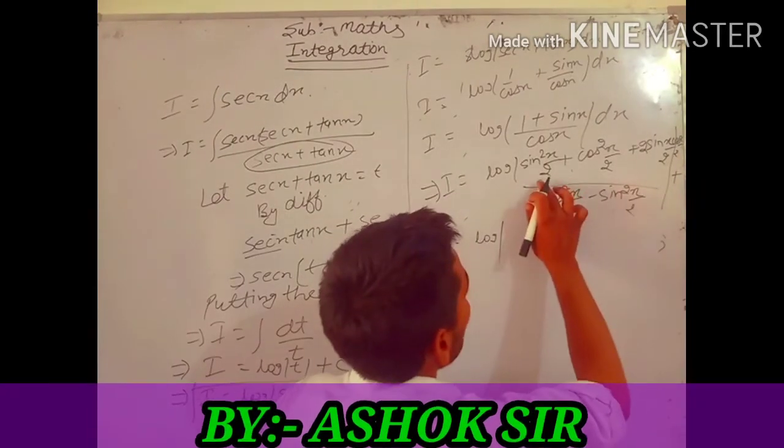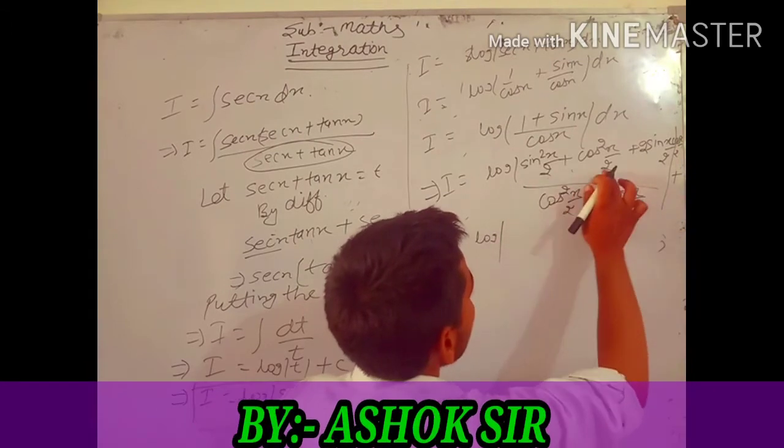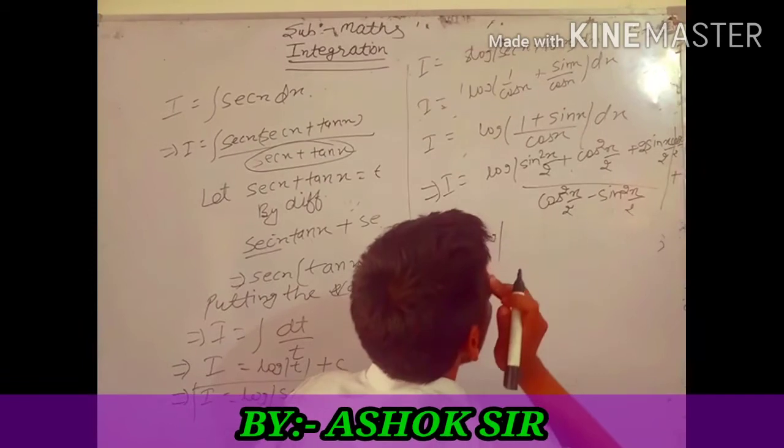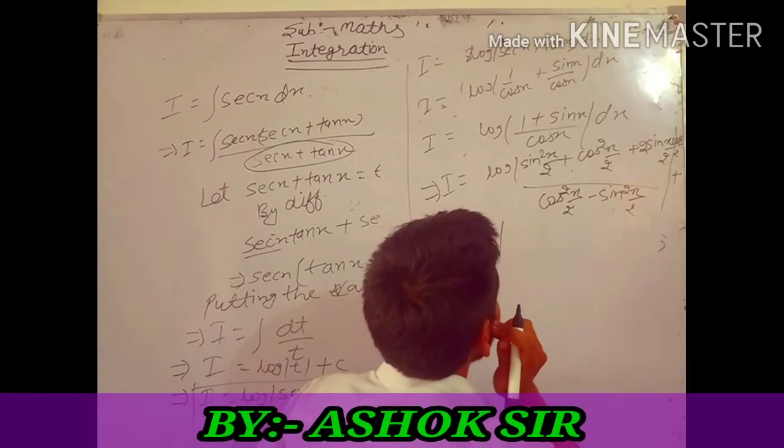This is the formula of a square plus b square plus 2ab is equal to a plus b whole square.